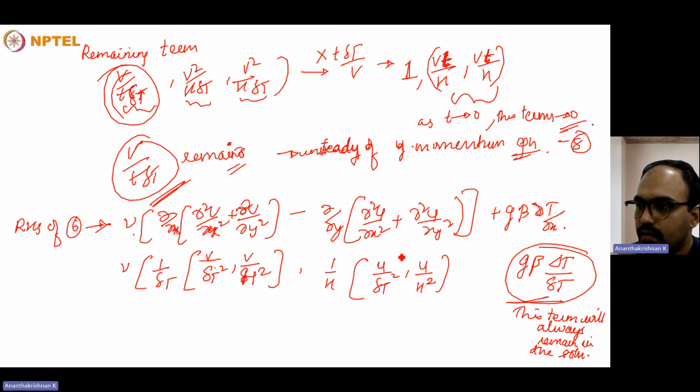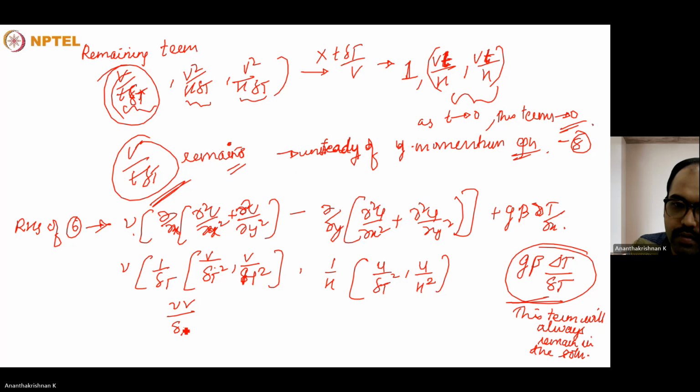Then, based on the continuity equation, U will be scaled as... so this combines together. We can get it as nu v divided by delta t cubed.